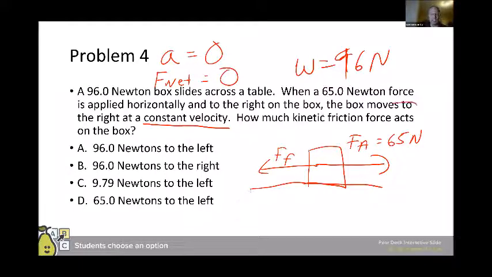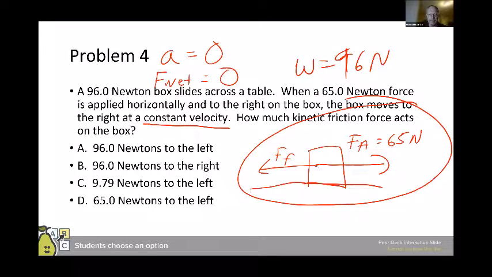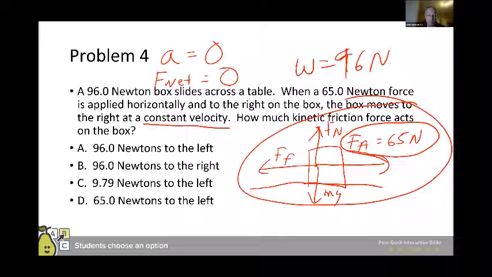And I've essentially got a free body diagram drawn out right here. I don't have the weight or the normal force drawn in, but we know those are equal and opposite, so they don't really matter for this problem. What does matter is if I'm applying a force of 65 newtons to the right and I get no net force to the right, that means the frictional force has to be the same.